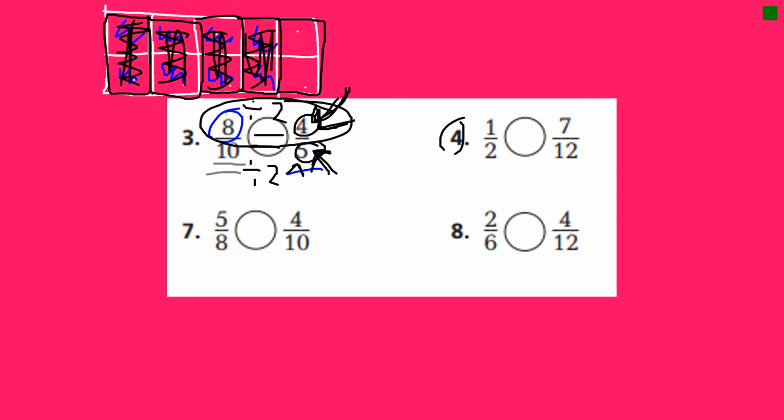1/2 compared to 7/12. Well, you guys know a lot about 1/2, don't you? So let's look at this, see if we can think about this without using a model. 2 pieces that make the whole and 12 pieces that make the whole.